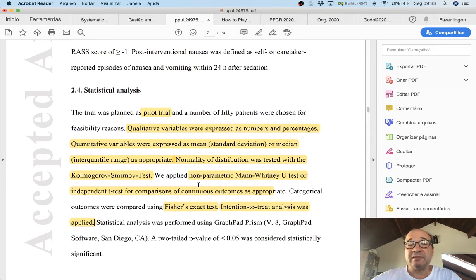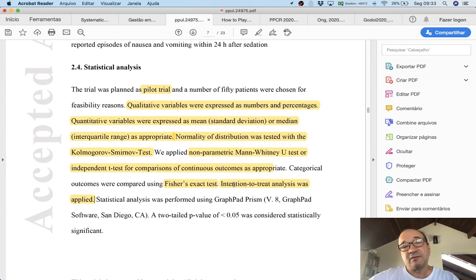Anyways, it's a pilot study, and the statistical analysis, I think, is correct in this situation. And with this pilot study, they may go to the next step, a huge study, and they could calculate the sample size using this pilot study.